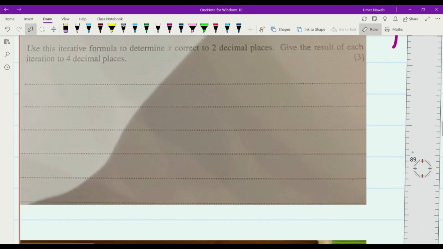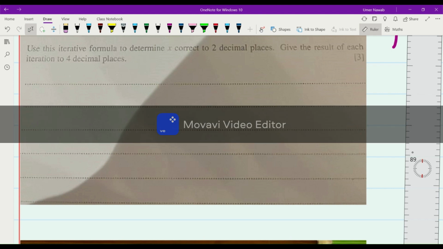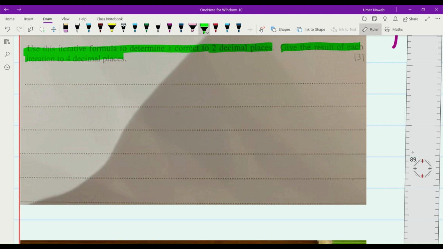Final thing, the third step of the numerical solutions chapter, which I have taught you: you have to find now the approximated value of this A. But how many decimal places are needed? Two decimal places. Got it? Now, every result, you have to write to four decimal places. Got it? To the four decimal places.